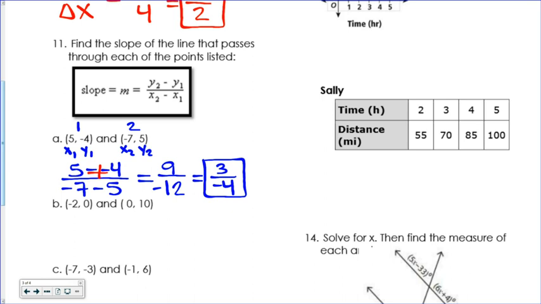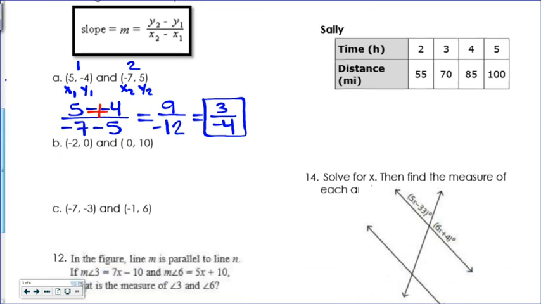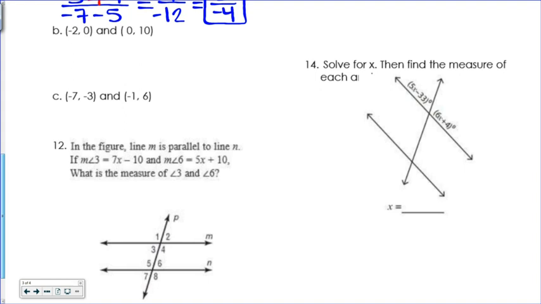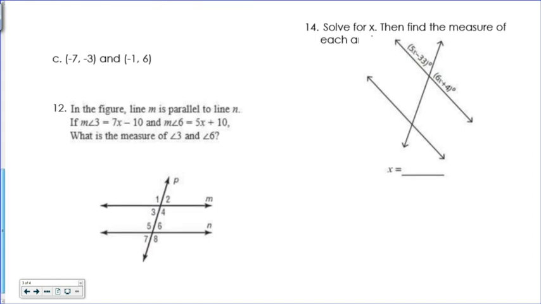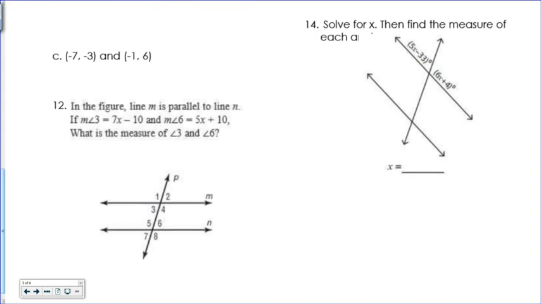And let's look at number 14. Transversals, please make sure that you have the vocab memorized for that. Find the value of x, then find the measure of each angle. So these two angles add together to make 180 degrees.